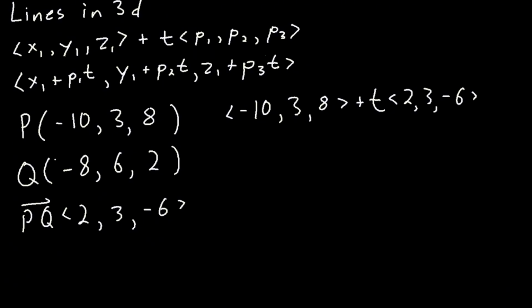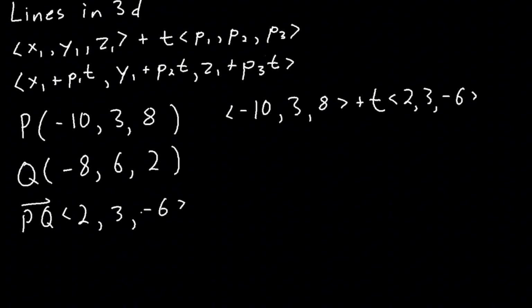So whenever a question is giving you 2 points and tells you to draw a line, it either asks for this form or this form. Doesn't matter. Okay. And when you're given 2 points, you can draw the vector between these 2 points. So P and Q, the vector between P and Q. And that resulting vector will give you a vector that is parallel to the line you are supposed to draw.